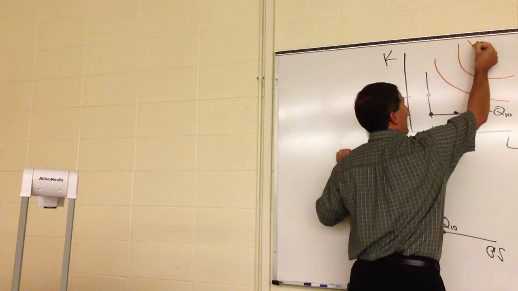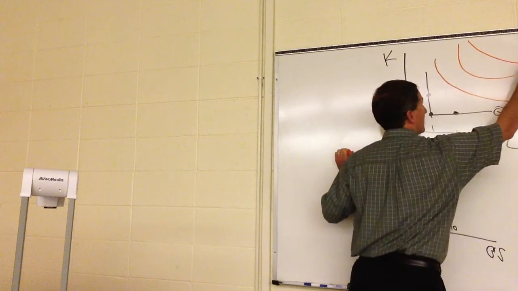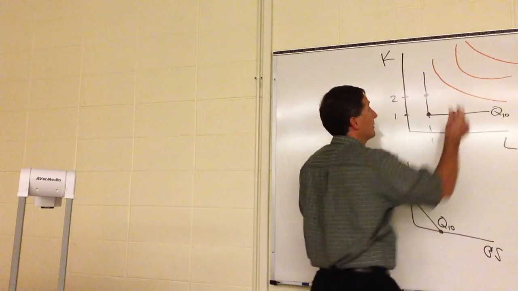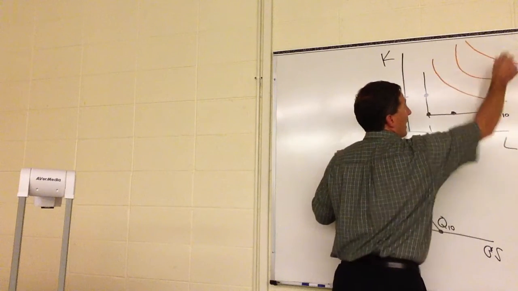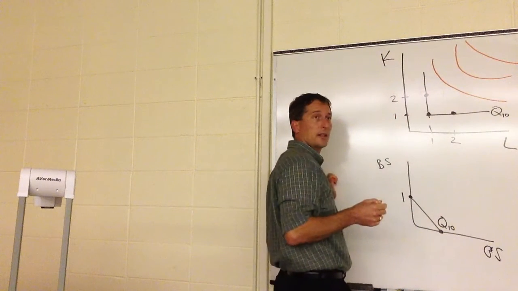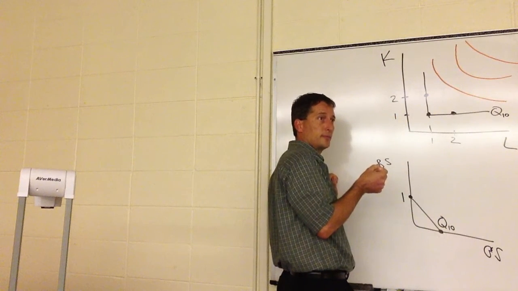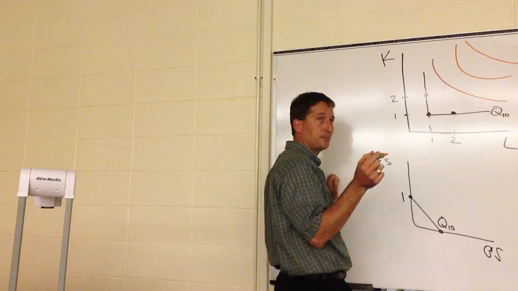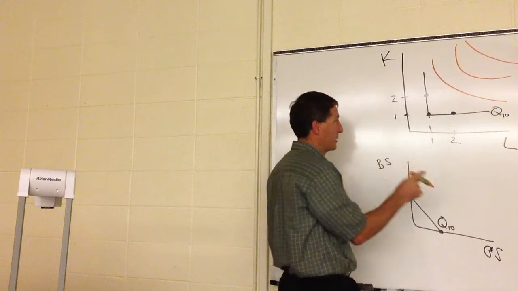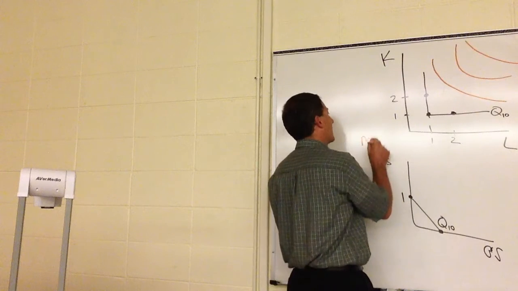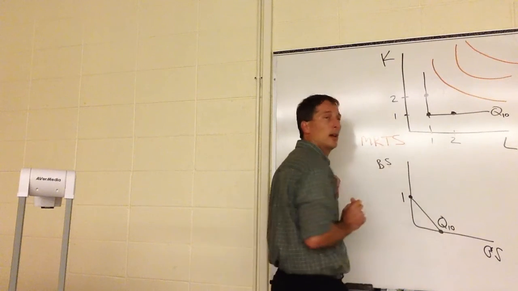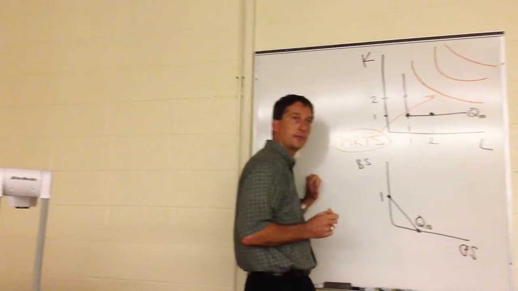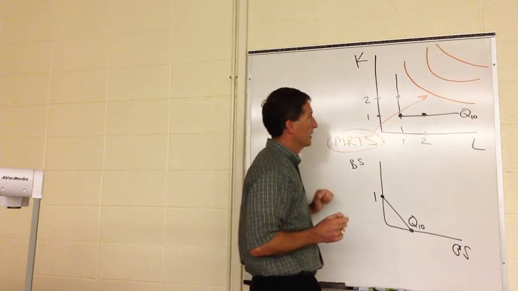The flatter an isoquant is, the better substitutes the 2 are. That comes about, remember, the slope of the isoquant is the ratio of the marginal products. Which is, what do we call that? What's the fancy way? Marginal rate of technical substitution. Good. Okay? It is the slope of these isoquants.